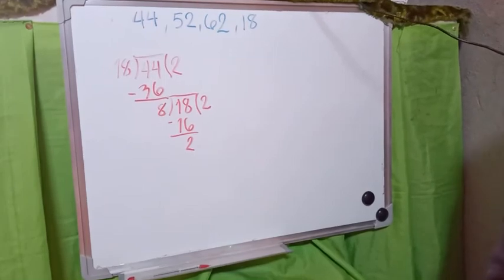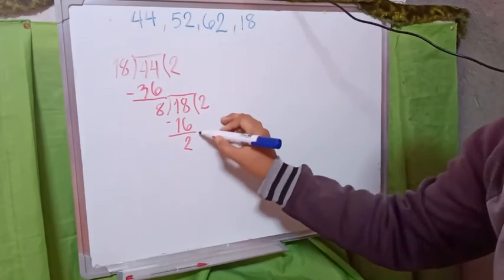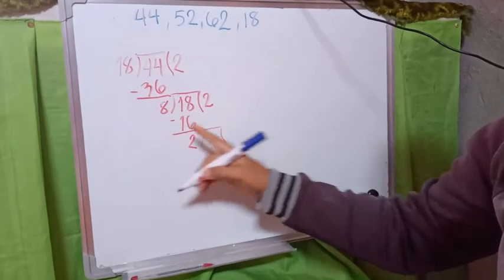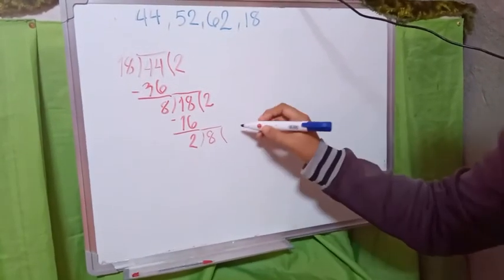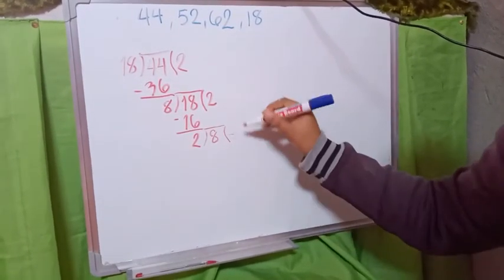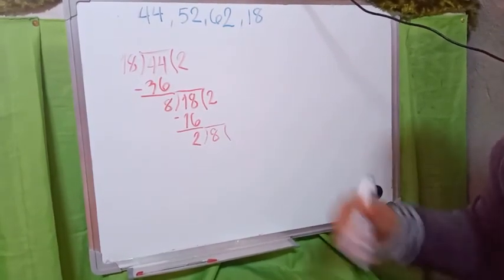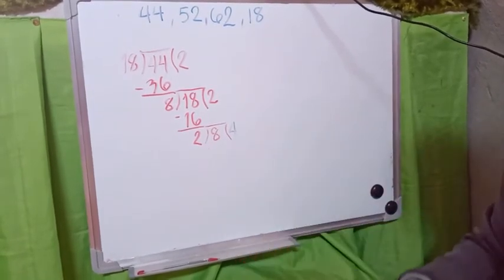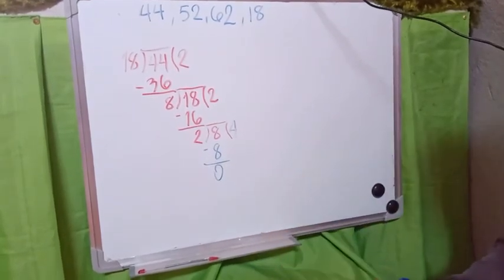So we have still a remainder of 2. So your remainder 2 would be your new divisor and your dividend would be 8. So 8 divided by 2, that is 4. Okay, so 4 times 2, that is 8. So your remainder is 0.